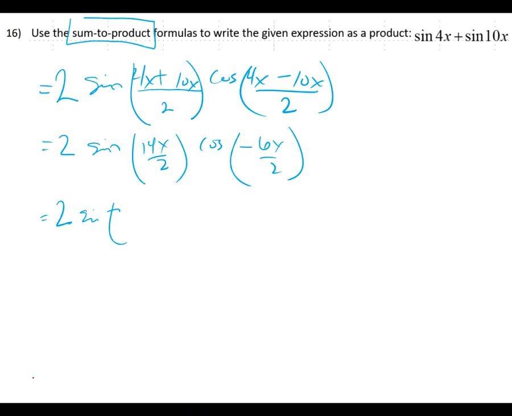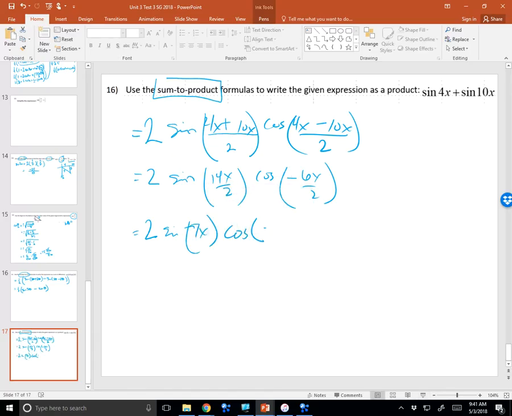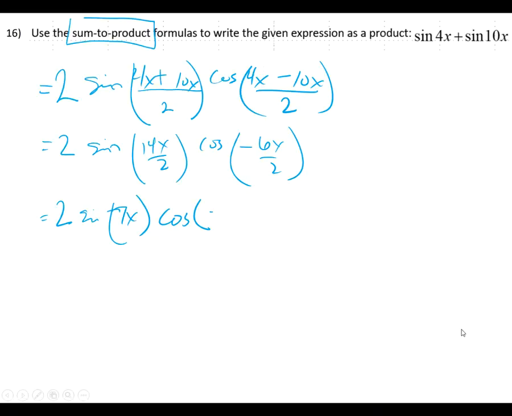So 7x, and then negative 6 divided by 2 is what? Negative 3. Okay, so negative 3, right?